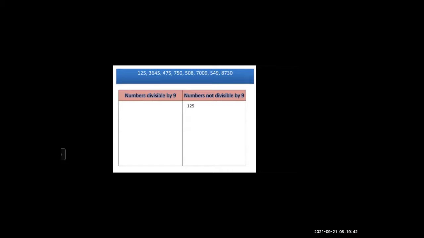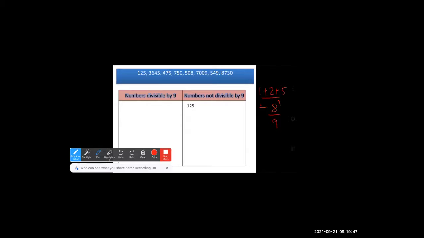Now see the next question: 3,645. Now all of you add the digits of this number. This should be mental math. Add the digits of this number.